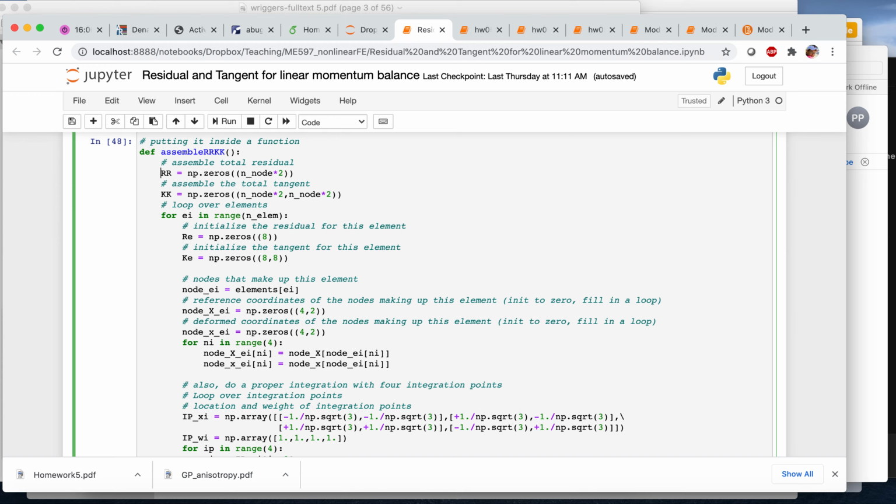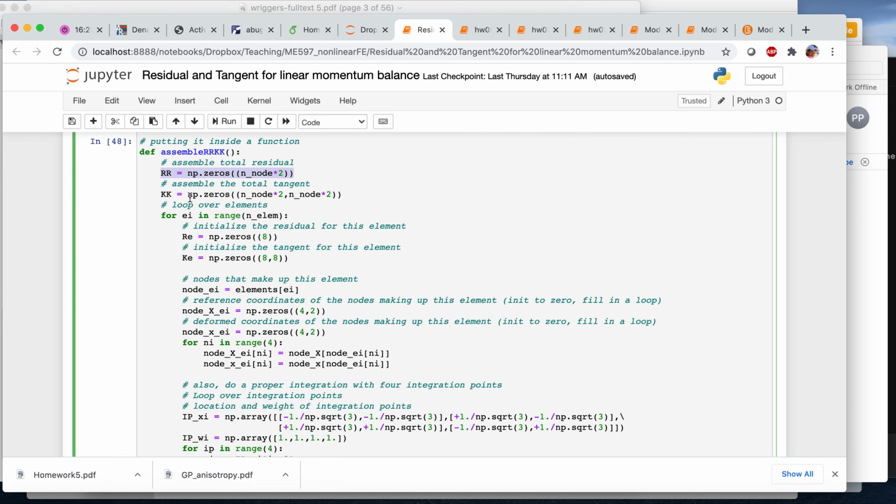I initialize a total residual, which is the size of 2 times the number of nodes. And also the total tangent is 2 times the number of nodes, times 2 times the number of nodes. And just remember that number will go down because not all the residuals are going to be 0.